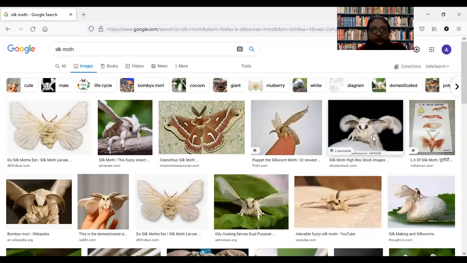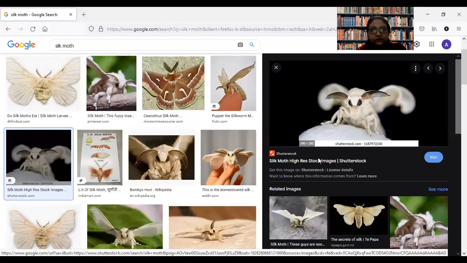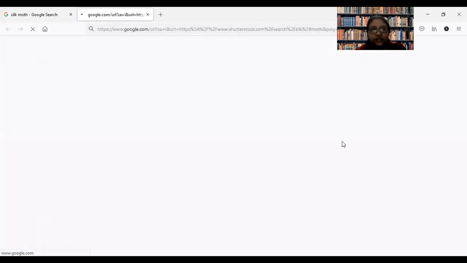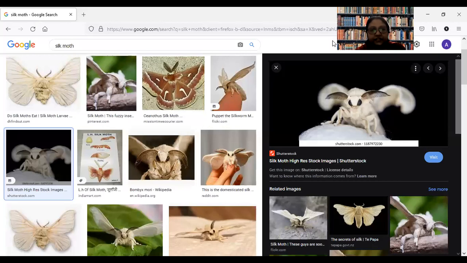See, this is how they look. But we don't actually allow them to grow. We extract silk, and for extraction of silk, the larva needs to be killed. So we are greedy, obviously. This is how the silk moth looks, Bombyx mori. Is my screen visible? Yes, ma'am.